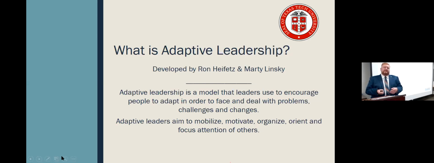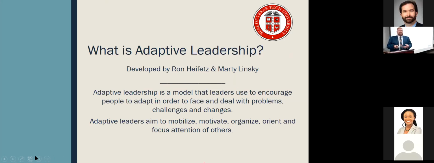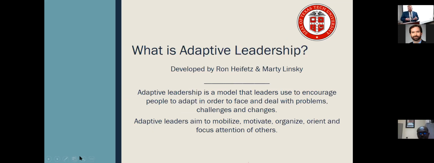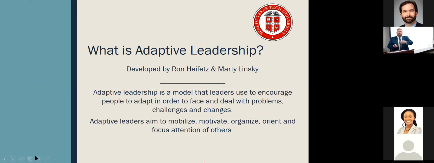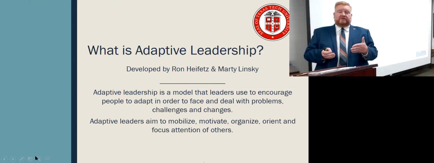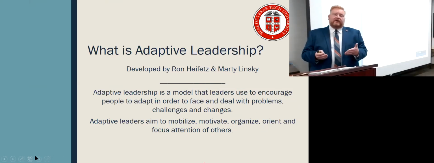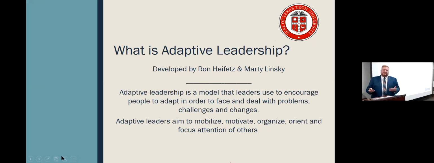This sounds like a very powerful leadership tool, and it can be. But it's also important to mention that adaptive leadership doesn't always work for every situation. When we're thinking about using this to solve challenges, I think it's important to know that it can be a very powerful tool, but it's not always the best tool to use if you're looking to solve problems.